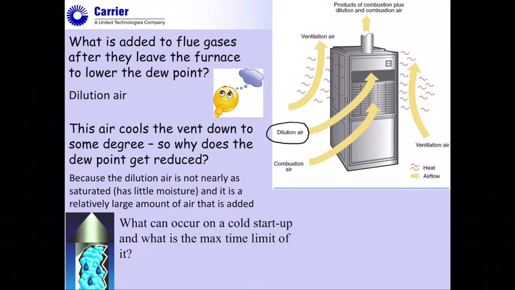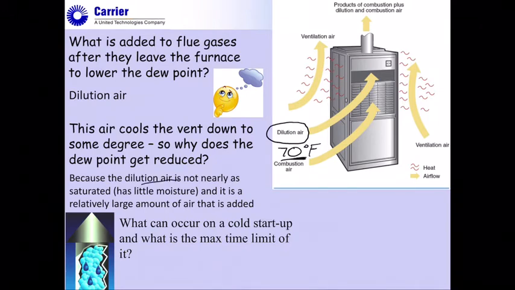Now, the other thing I want to deal with is this dilution air, which, let's say, is at room air of 70 degrees. If that room air is at 70 degrees, it's also lowering the temperature of the air in the vent. So you might have a diluted sample to some extent.